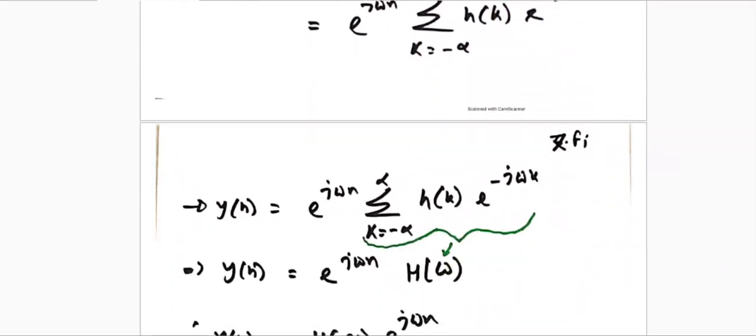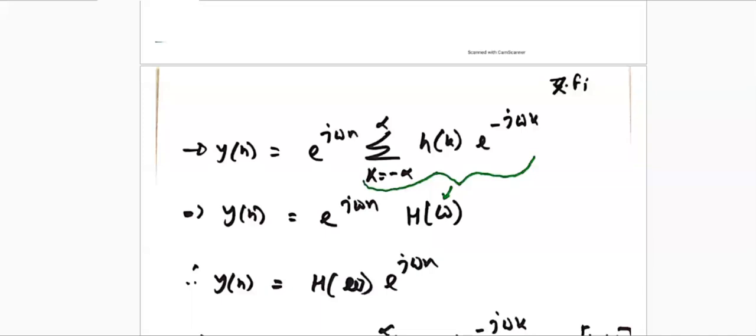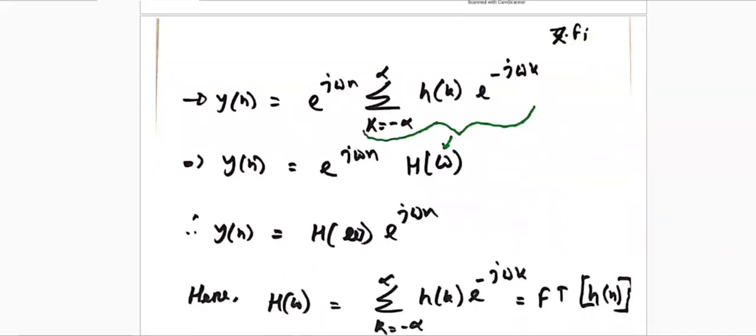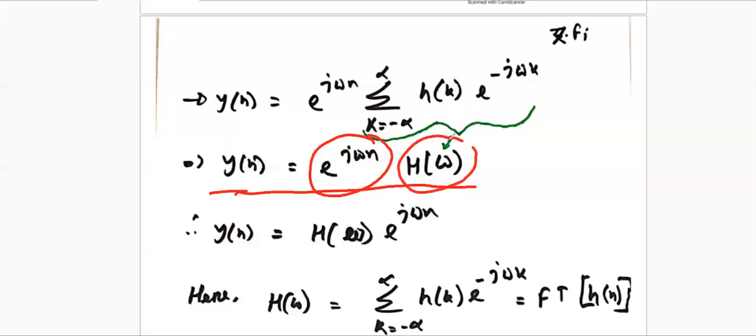So I have written it here as well. And now this output can be written as this. What is this? This is your input, multiplied by the Fourier transform value of the impulse response, and that is the output.